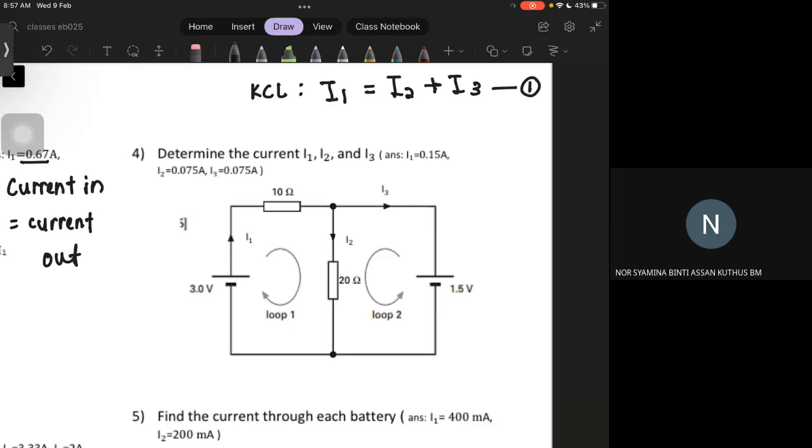Alright, so loop dah diberi. So based on your KVL, loop yang pertama. Sekejap saya nak pilih siapa. Hazim. Muhammad Hazim. Okay. Bagi tahu saya untuk loop yang pertama, formula dia apa?